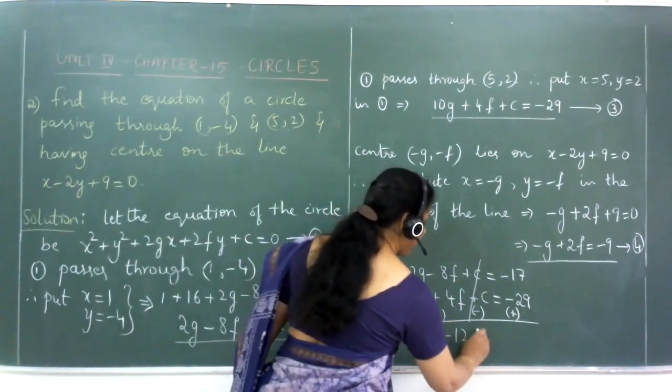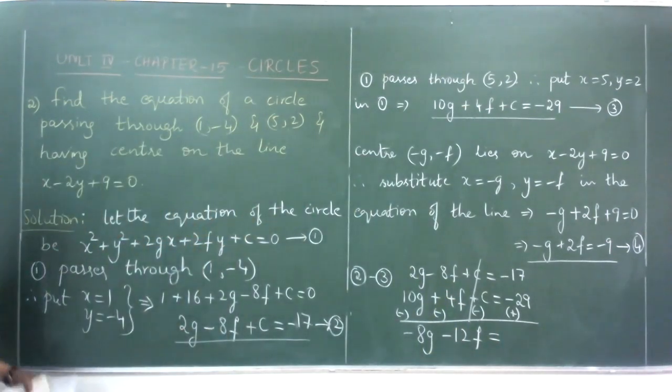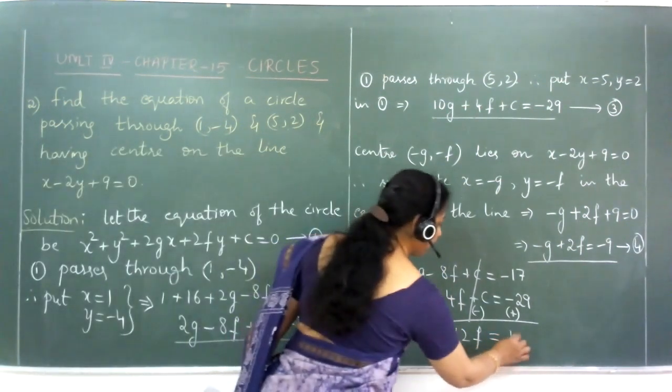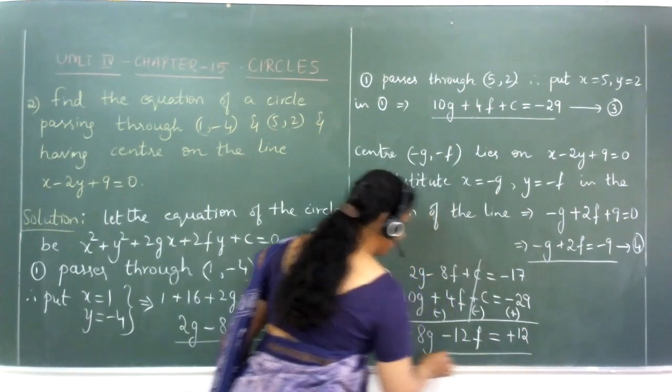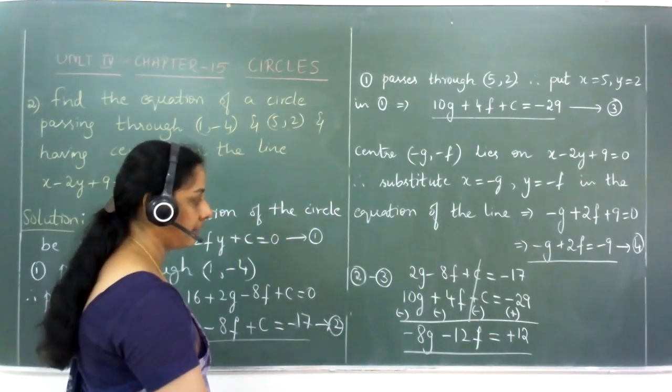This is minus 12f, which is equal to minus 17 plus 29. Minus 17 plus 29 has to give me plus 12.